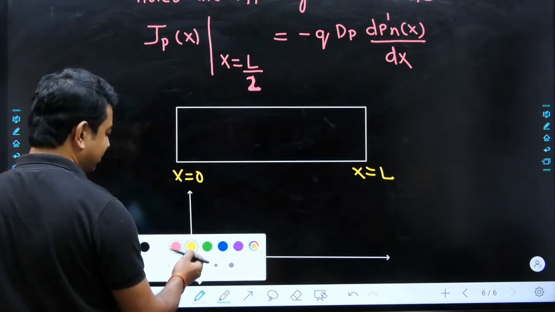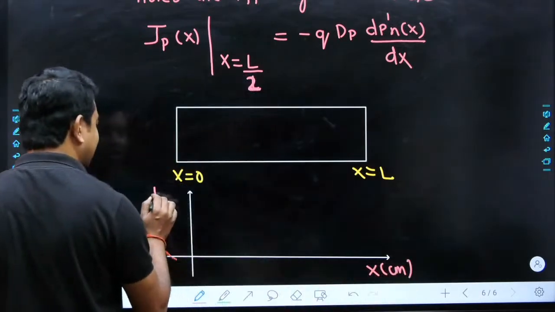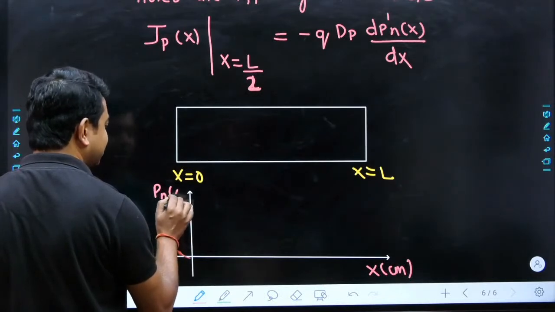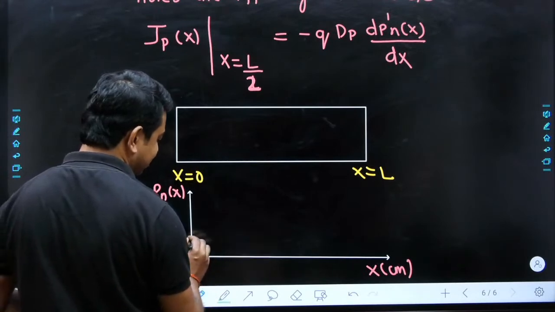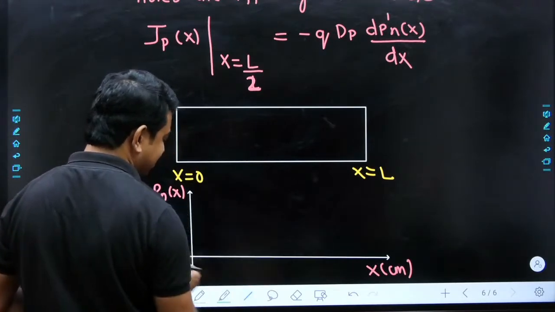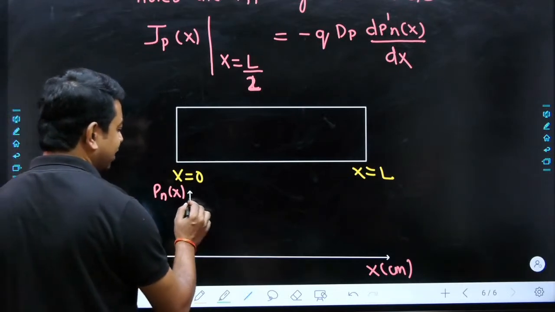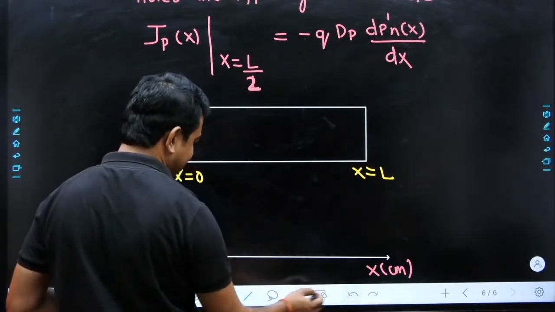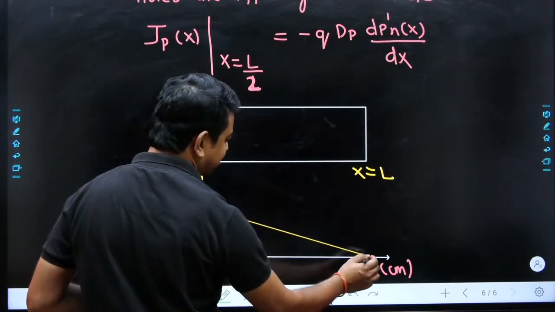So this axis is x in centimeter, and this is the minority carrier concentration p in n. Nothing is given with respect to temperature, so we can draw a graph using a similar line, and it will go to 0.